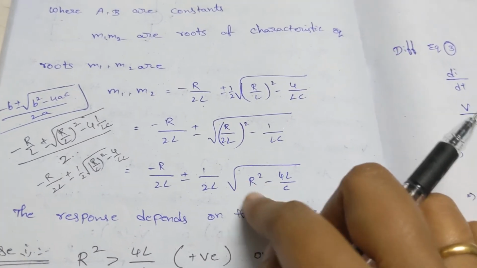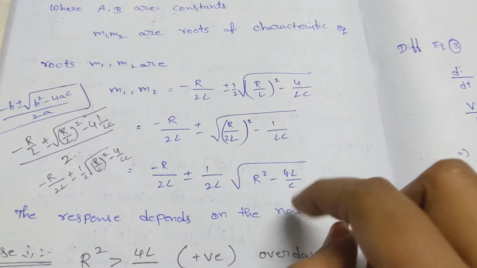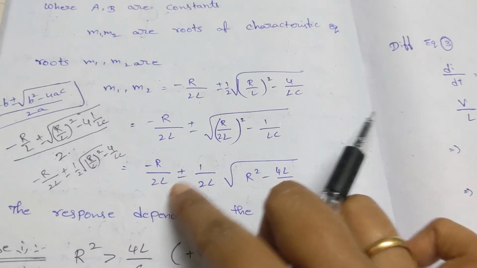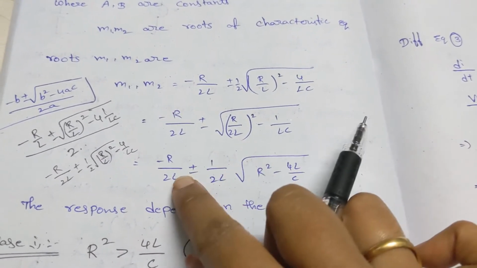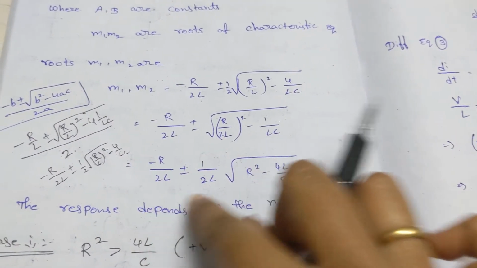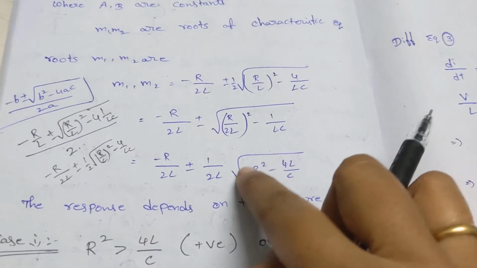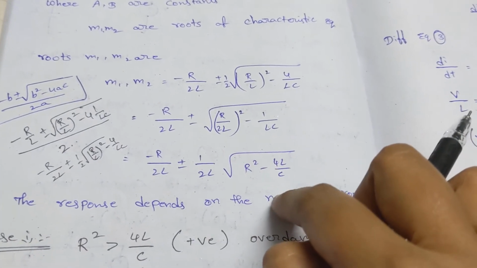If this value is imaginary, that means 4L by C is greater than your R square, then you have the complex term. This will be the real part and this will be your imaginary part. That's why we can say that the entire response nature will depend upon this term itself, R square minus 4L by C.